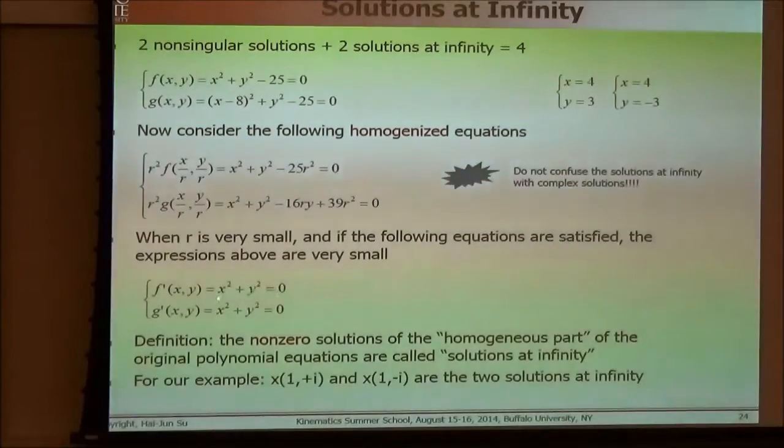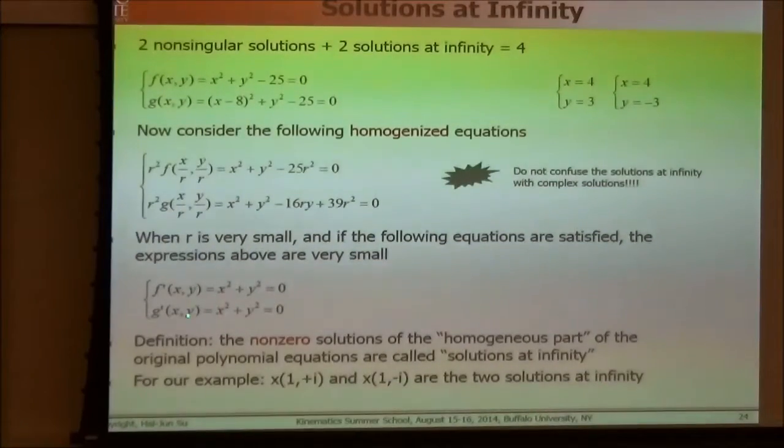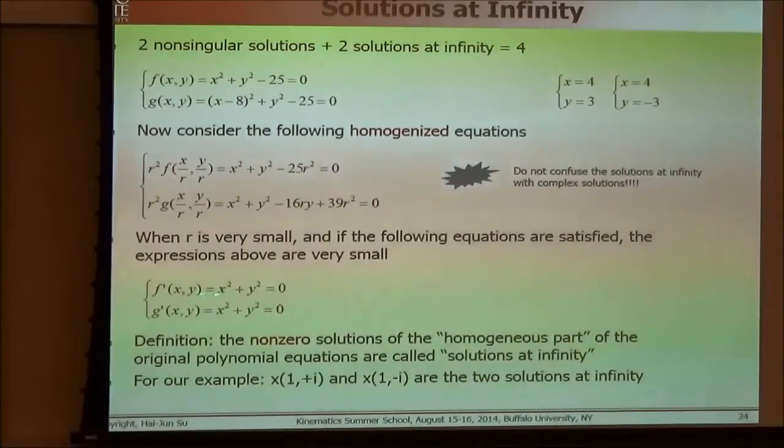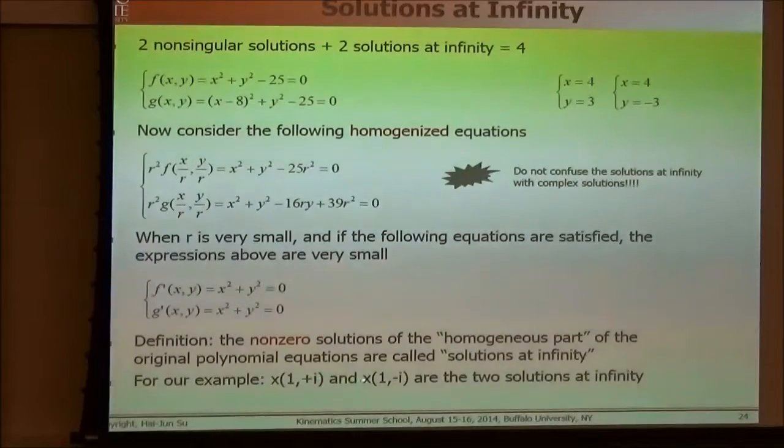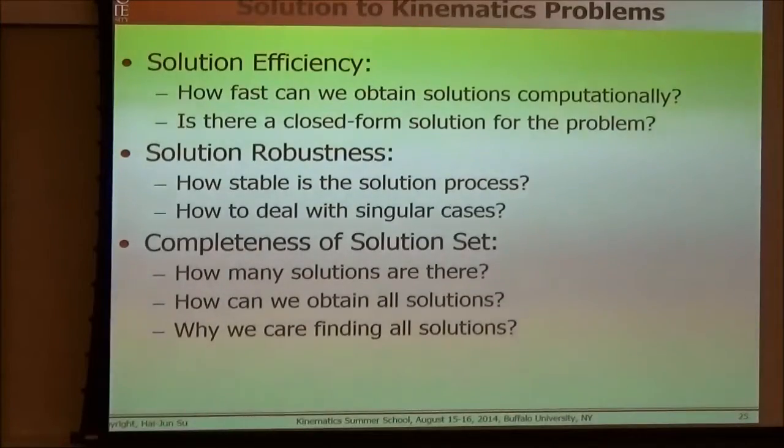You can see that these 2 are identical, so they are solutions to this homogeneous equation. In fact, x, y equal to 1, i and 1, minus i, are 2 solutions. That's called solution at infinity. Really, the solution at infinity is the non-zero solution of the homogeneous part of the original polynomial. That's something easy for me to understand, maybe not that mathematically accurate, but it helps me understand as an engineer.